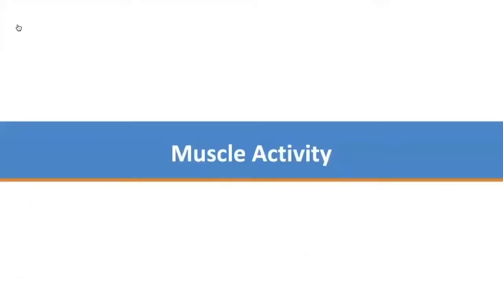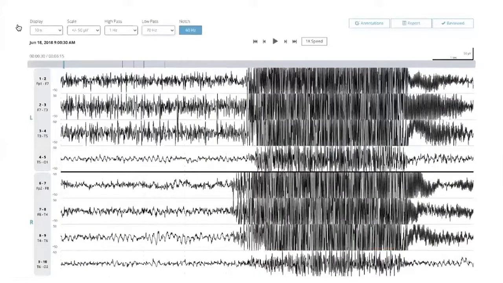Now, how does the muscle activity look like? Well, muscle activity will blacken the EEG. As Dr. Stern already showed you this type of pattern, the reason it's black is because there is high frequency and high power. What does that mean? Well, the muscle works with millivolt, brain works with microvolt.